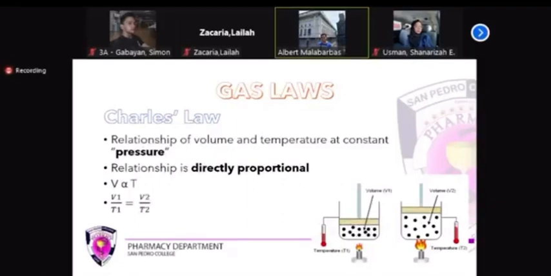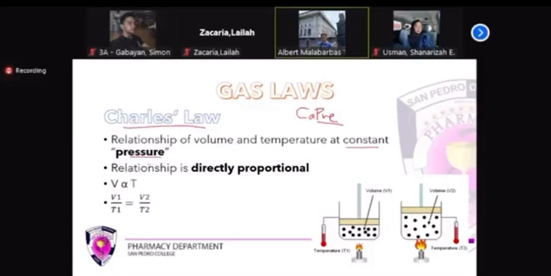Okay. Next, we have your Charles' law. For Charles' law, I remember the mnemonic capre. Okay? Capre. Pre stands for pressure. In Charles' law, it expresses the relationship between volume and temperature at constant pressure.